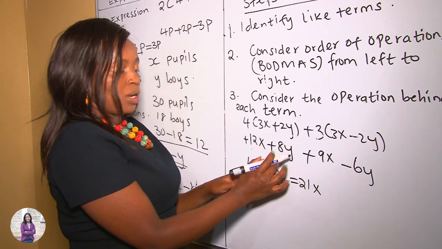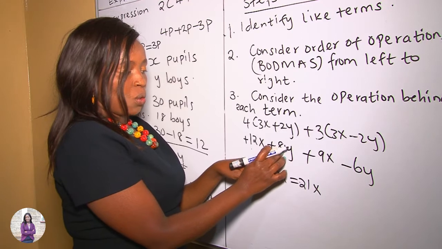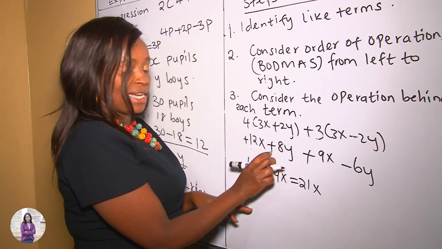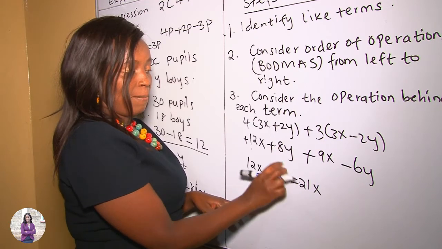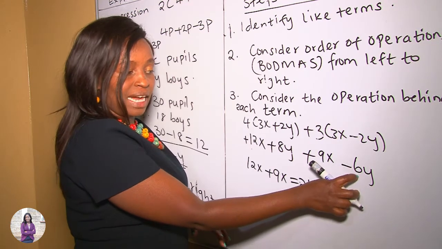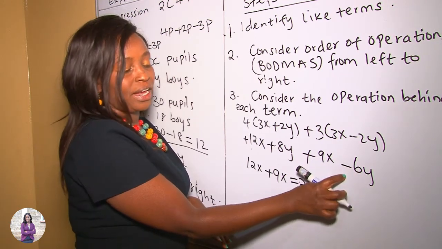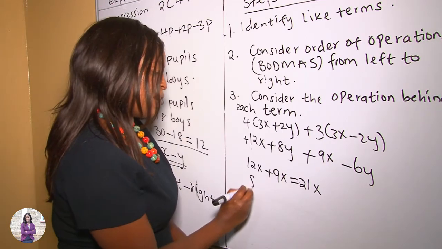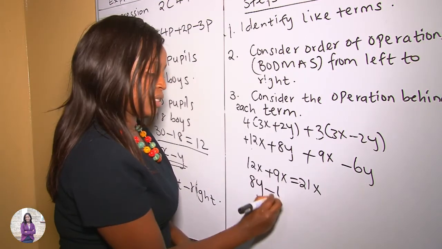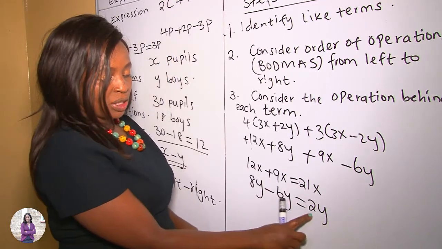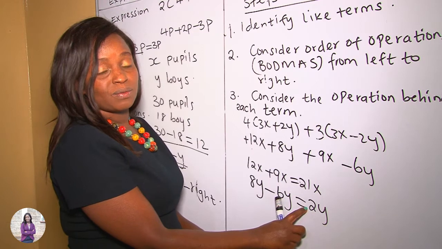Now let's go to the y's. So 8y, the sign behind 8y is addition, meaning this number is being added. But where we have another y here, the sign behind this y is taking away, meaning this y is being taken away. Therefore, it shall be 8y take away 6y, which is equal to 2y. And our 2y here is positive.